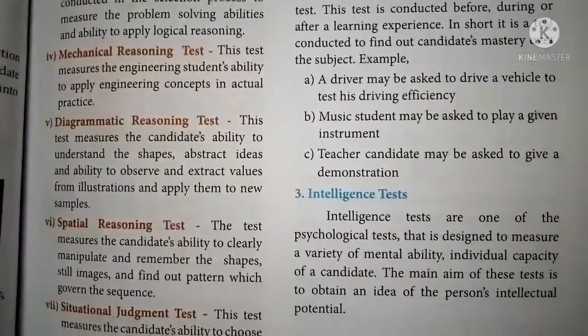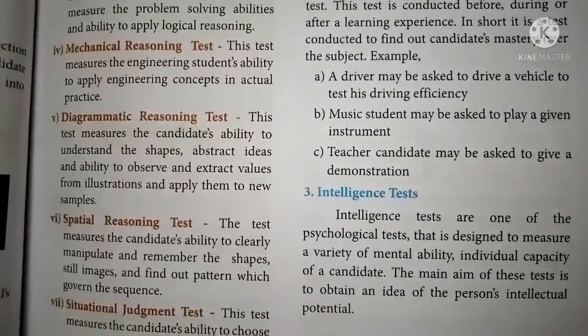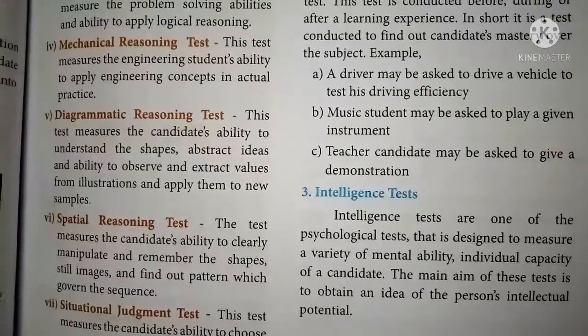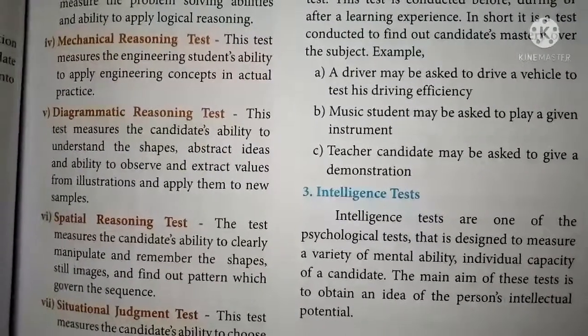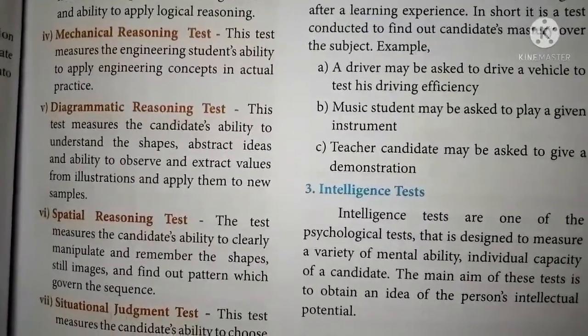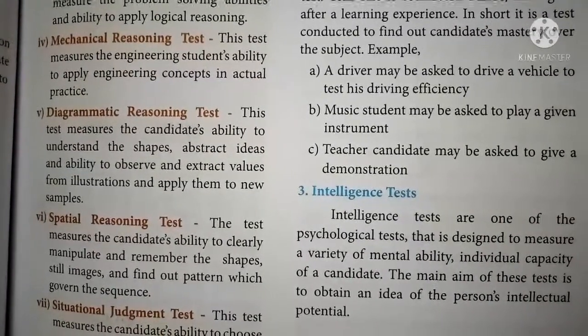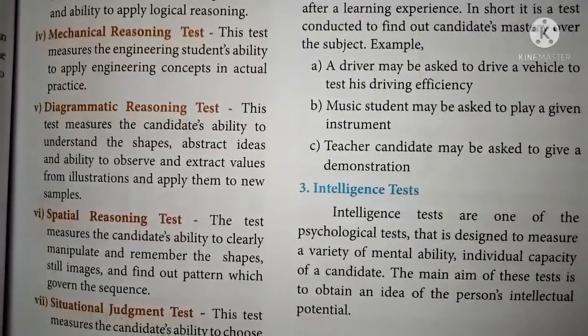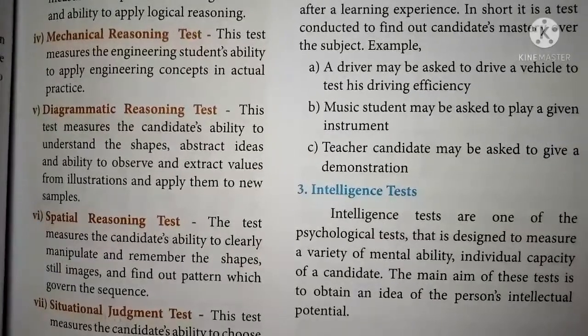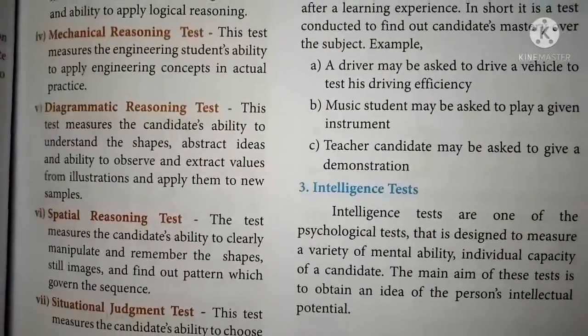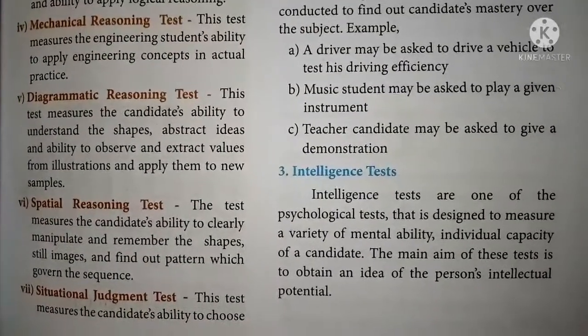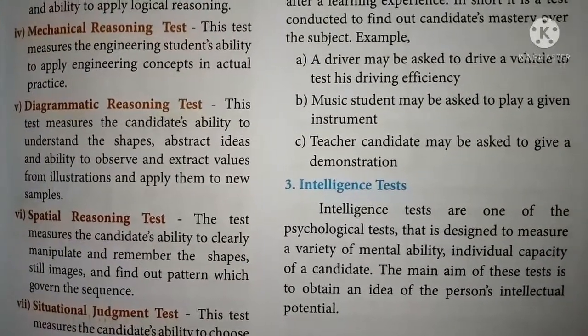Then intelligence test. Intelligence tests are one of the psychological tests designed to measure a variety of mental abilities and the individual capacity of a candidate. The main aim of this test is to obtain an idea of the person's intellectual potential.